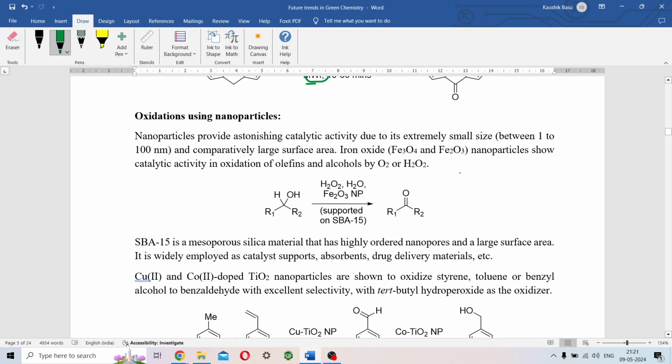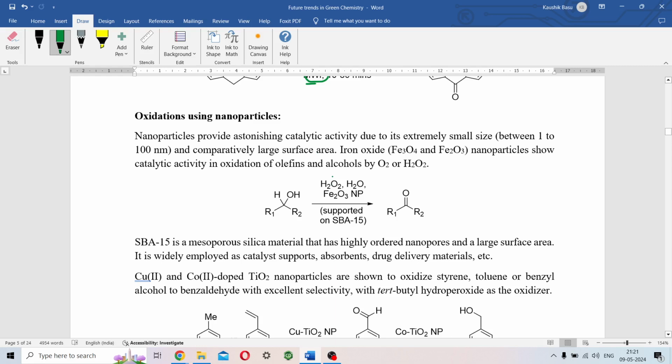So nanoparticles are those particles whose diameter or size is between 1 to 100 nanometers, and for that they have a very large surface area, and this gives rise to unique catalytic properties.